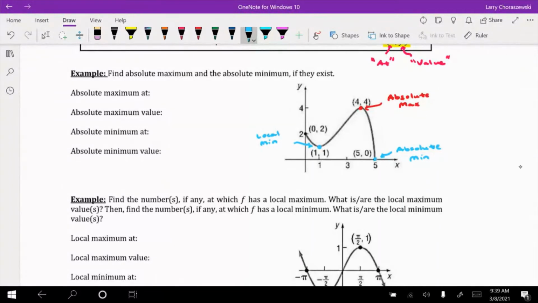Points to the left of (4, 4) and points to the right of (4, 4) all have y values that are smaller than the y value of 4. So (4, 4) is not only an absolute max, but it's also a local max, because it has a y value that's larger than the surrounding y values. What I mean by that is its y value of 4 is larger than the y values of points on either side of it.